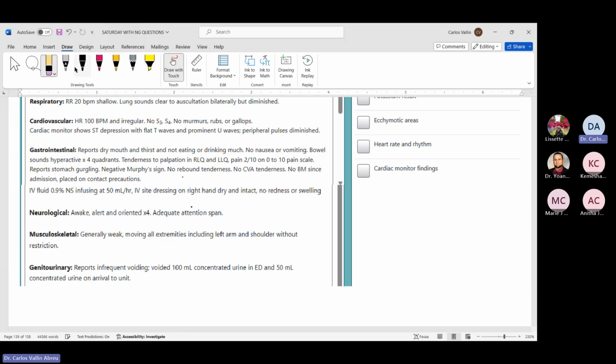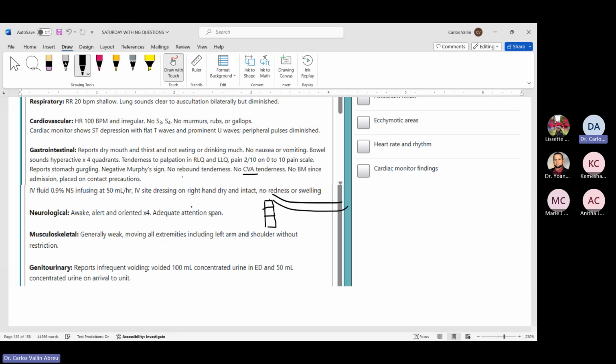No rebound tenderness. Remember that rebound tenderness is found in peritonitis. No costovertebral angle tenderness. This is important. In the back, not in front, in the back, in the area where the spine connects with the last rib.